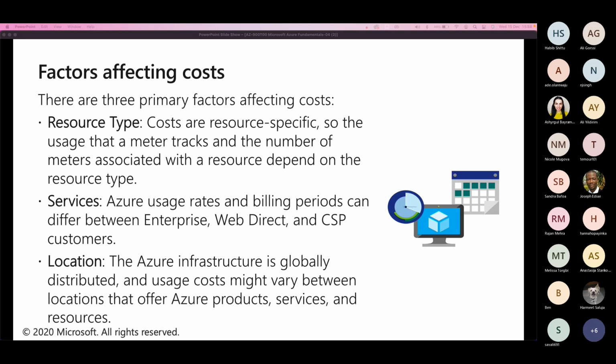In terms of the services, Azure usage rate and billing periods can differ between enterprise, web directory, and CSP customers. Maybe it's the CSP that you are getting to develop an application for you who can negotiate a slightly better rate, or will know exactly what service you need and which you don't need, and try to save you money.